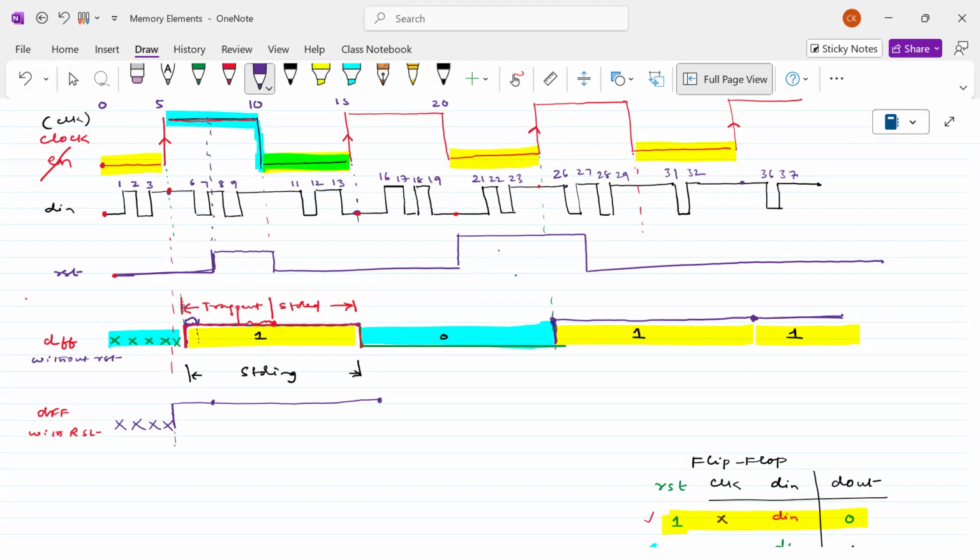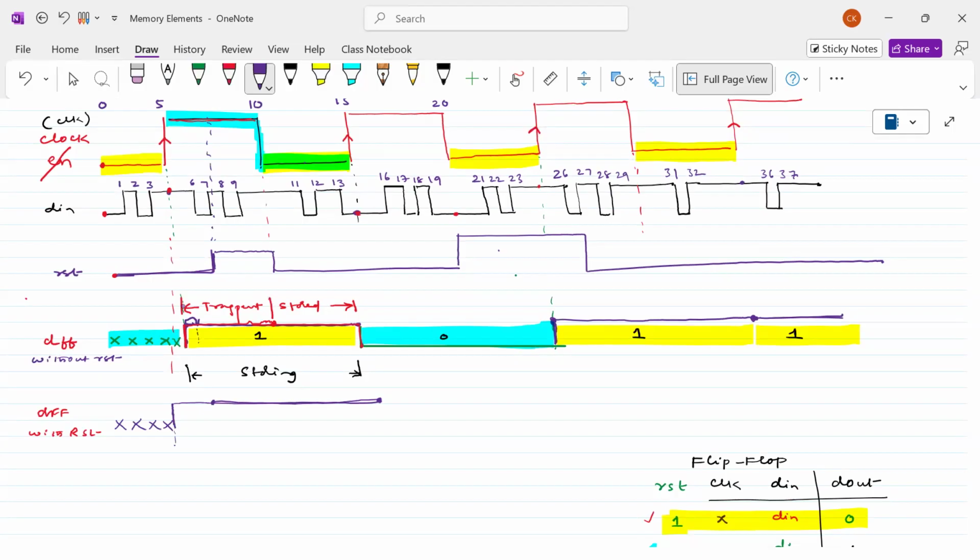If the clock is not there, then RST does not have any impact. The RST is not synchronized with the clock signal, that's the reason why it is not following the RST. It simply follows as it is. So RST should be there at the clock positive edge.